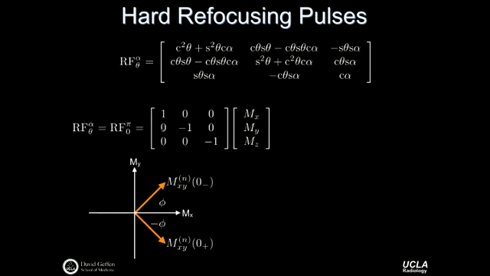If I do the matrix multiplication across this row with this column, what happens to my MY magnetization? It becomes negative, right? And I can do the same thing across this bottom row with my MZ magnetization. What happens to MZ? Minus, right?